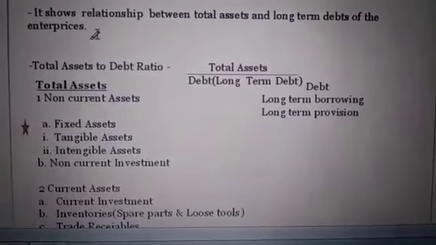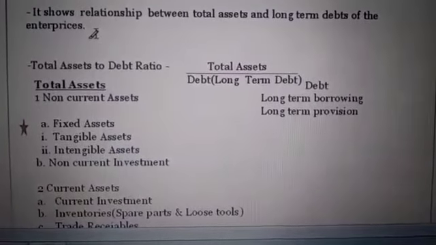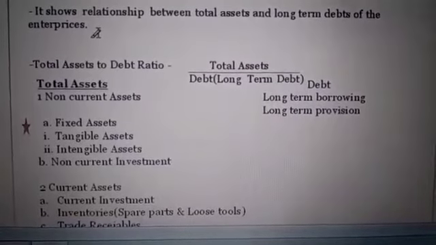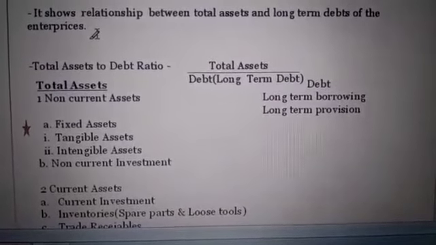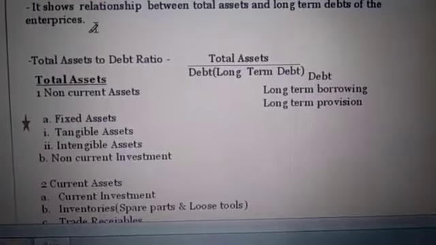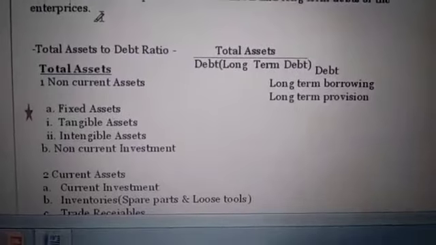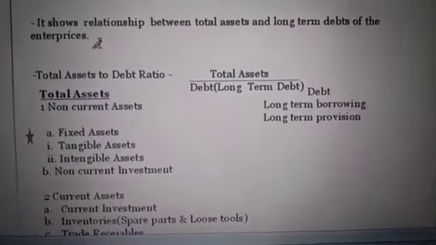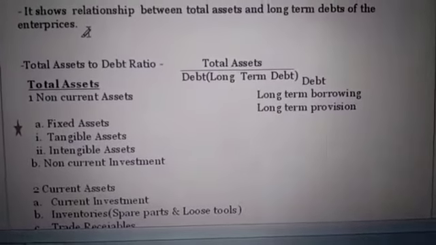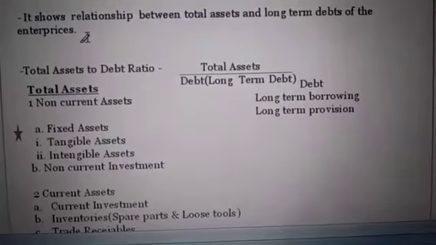So the debt will be the same. Total assets will be all the fixed assets, all the current assets, all the non-current assets, all the non-current investment and current assets. If we total the asset side of the balance sheet, it will come as total assets.